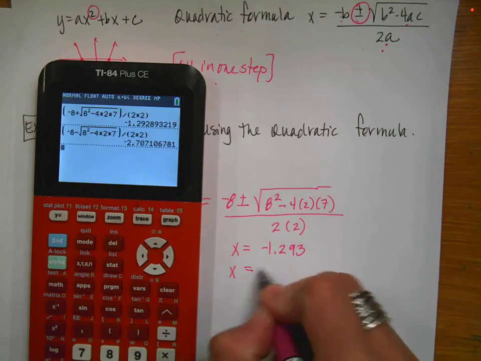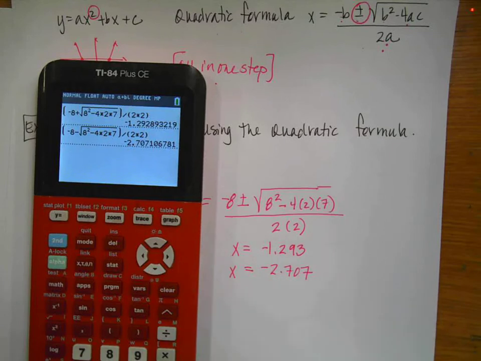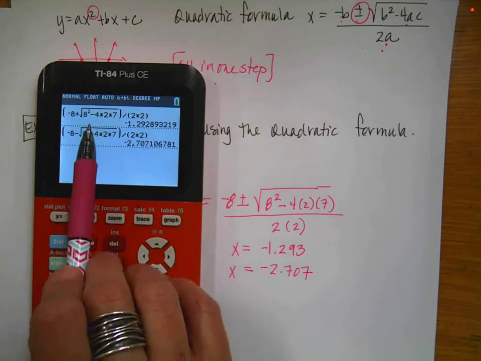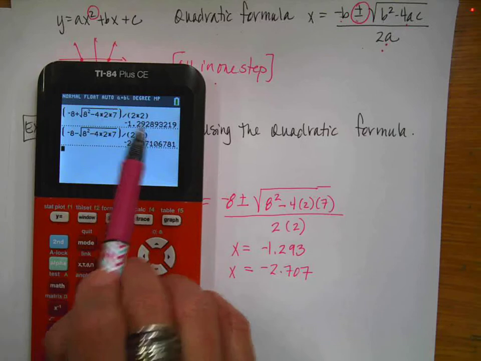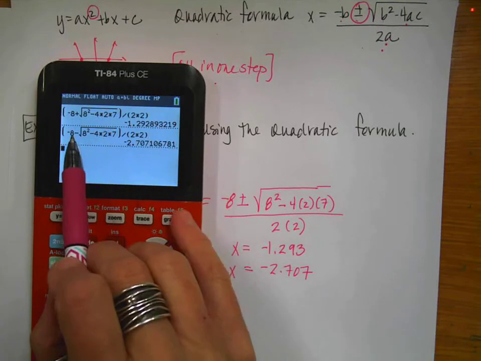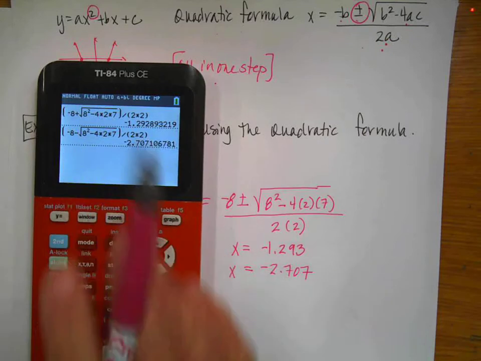And now my second solution is negative 2.707. So to be efficient with your calculator, all you need to do is enter it once, hit enter, write down the answer, and then do second enter, and it brings that right back up. There's actually a couple of different ways you can get that. And all I'm going to do is go in and edit that second sign.